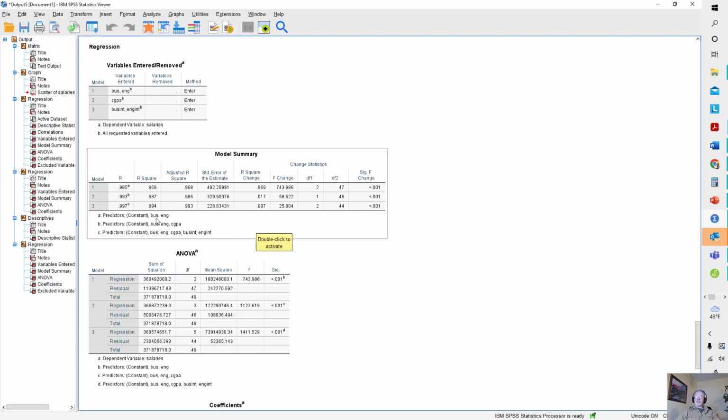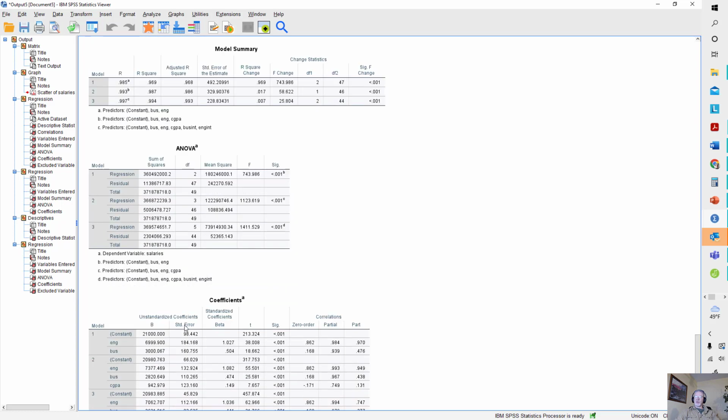That is, I can say the effect of college major is significant in step one, that GPA is significant in step two, and that the interaction between college major and GPA is significant in step three. And I focus on my F changes, not the ANOVAs down here where it's just building a larger and larger model.